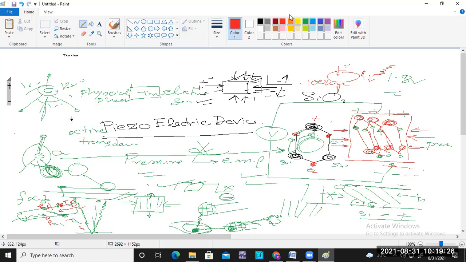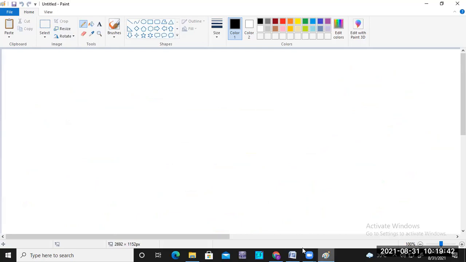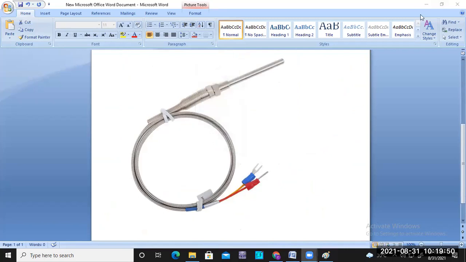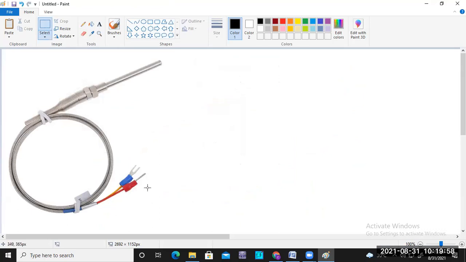Now we are going to another sensor, that is the thermocouple. Guys, you can see this is a thermocouple, and this is made of two dissimilar metals, used as per the Seebeck effect.